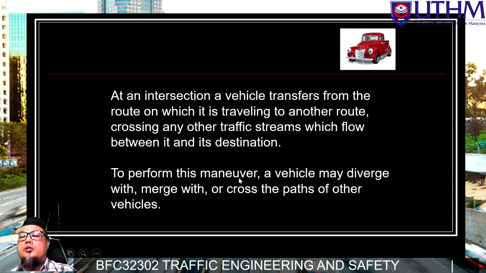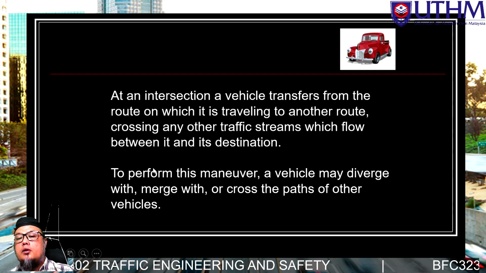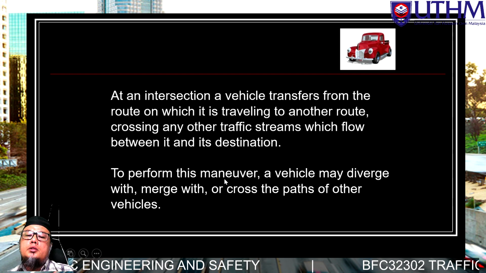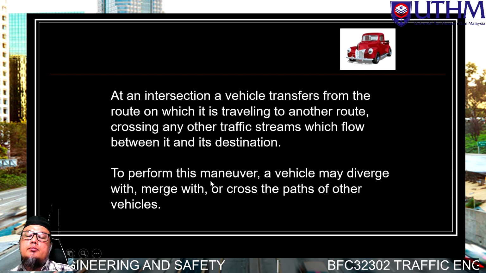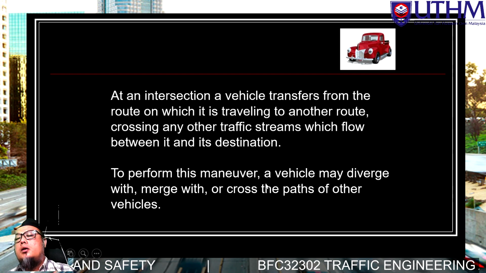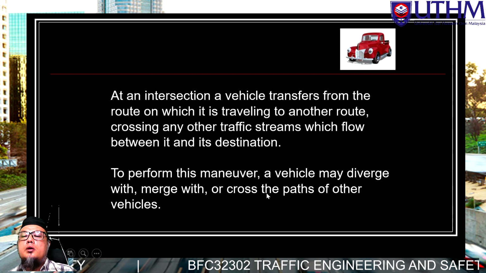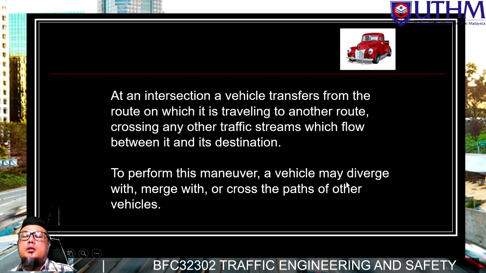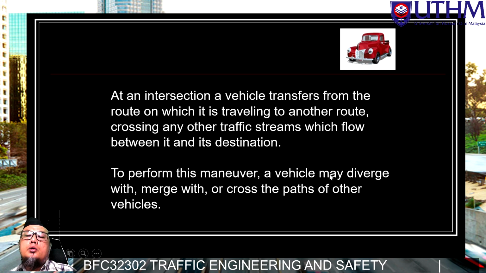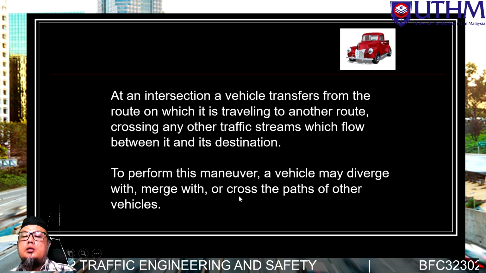Okay, to perform this maneuver, the movement of the vehicle, by terminology in traffic we use the term maneuver, olah gerak dalam Melayunya. The vehicle may diverge with, merge with and cross the path of other vehicles. Three main maneuvers occur within the intersection, which are diverging, merging and crossing.